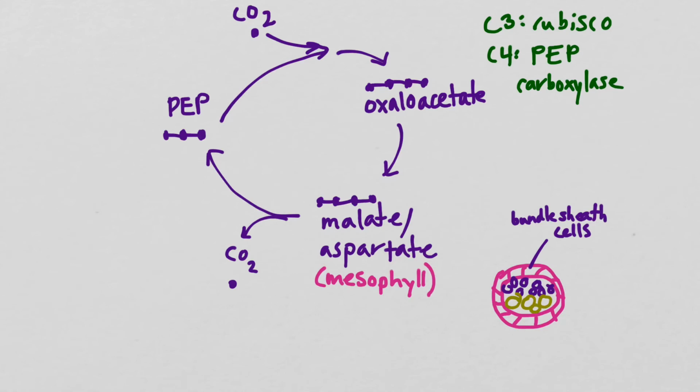And then outside of the bundle sheath cells, as you guys saw in lab, we're going to have these other cells, and these are your mesophyll cells. And the mesophyll cells are storing the malate or the aspartate. Then they'll be close enough to the bundle sheath cells where the normal C4 process happens. So it can just transfer it right in and allow the process to continue.